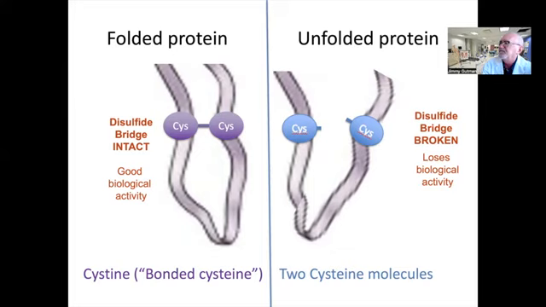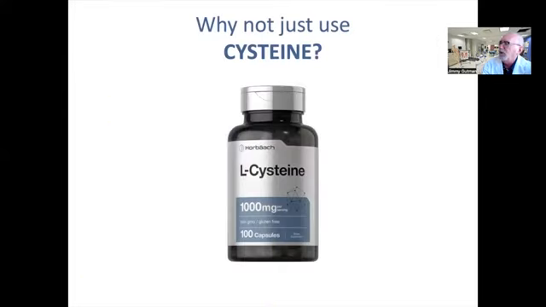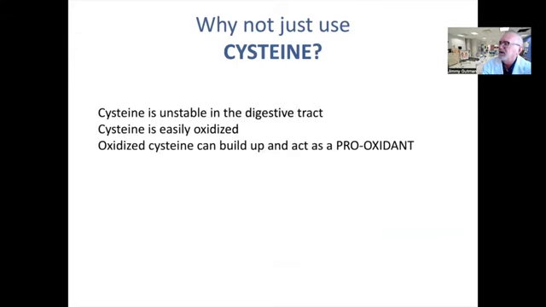Now, most people will wonder, why not just take cysteine supplements to raise glutathione? They are easily available and found everywhere in the market. And in fact, cysteine is promoted as a glutathione precursor. But has this been shown to be true? Well, in fact, it's not true.